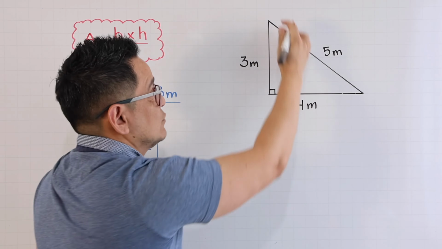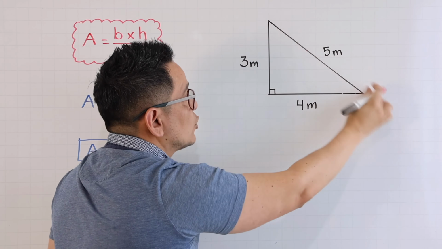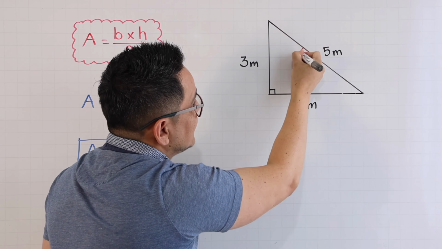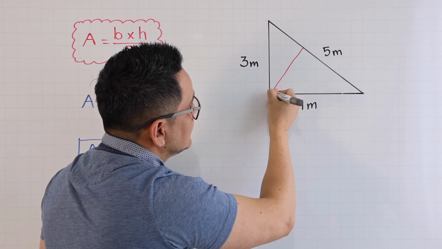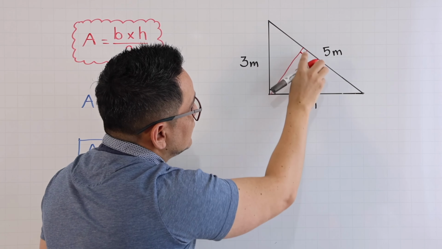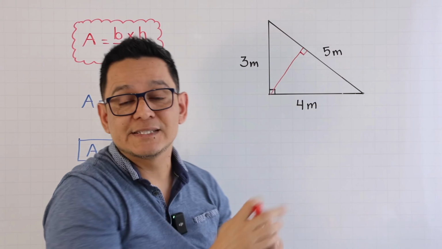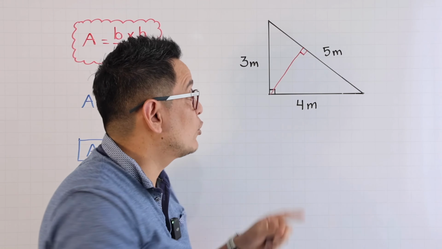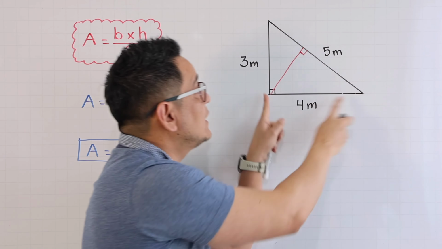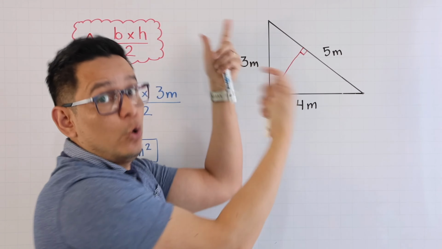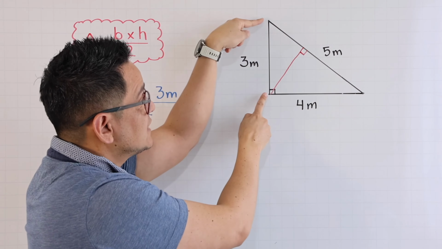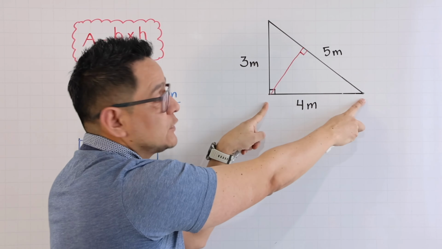So in this case, if I wanted to consider this as the base, then I would need to have this information. That is, I would need to know how much it measures from here to here. But as you can see, that's not information they're giving me. That's why it's better for me to consider 4 as the base and 3 as the height. Or it could also be the other way around. Consider 3 as the base and 4 as the height.